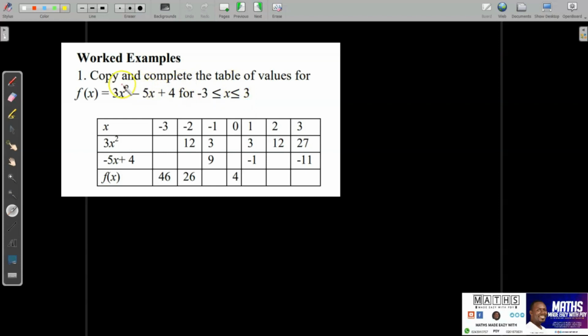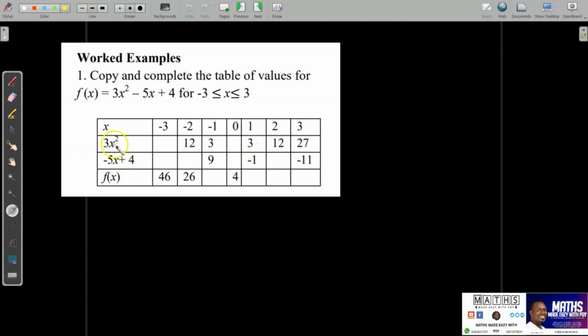This is what we are going to do. We are just to complete the table. To complete the table, it's all about substituting the values of x into the original function and then writing your final response. Please, are we all okay? Yes, please. Good. So you can do that.